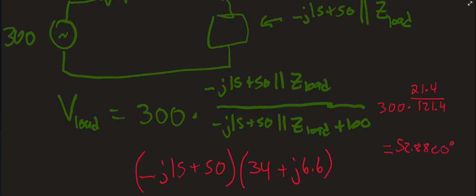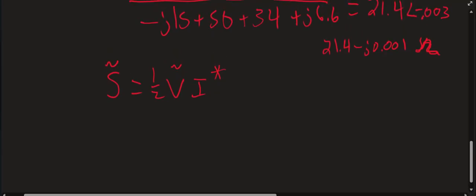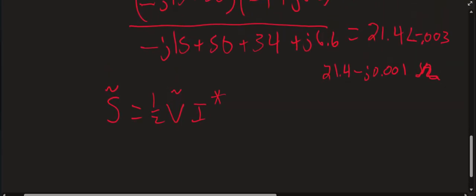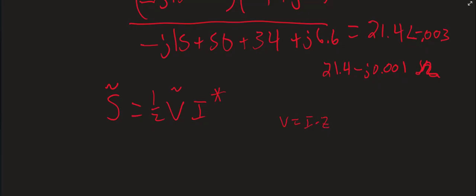About angle 0, angle 0.001. And I think he did find this in the solutions, so this is something we can check. That does seem familiar. Okay, so now to find the current, you can always use Ohm's law. If V equals the current times the impedance, the current equals V over the impedance.